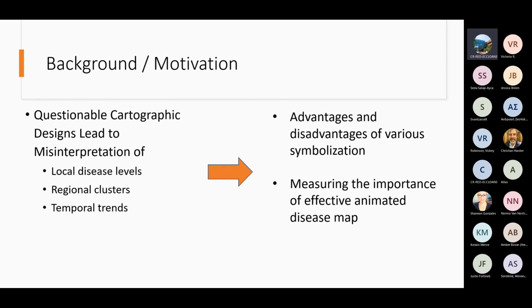For example, they were using wrong symbols or colors, and they're not considering population context, and so on. Those dashboards can lead to misinterpretation of local disease levels, regional clusters, and temporal trends. Therefore, we try to assess the advantages and disadvantages of various symbolizations and measure the importance of effective disease maps.